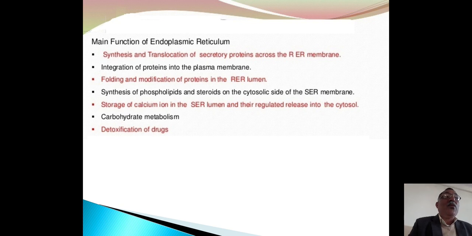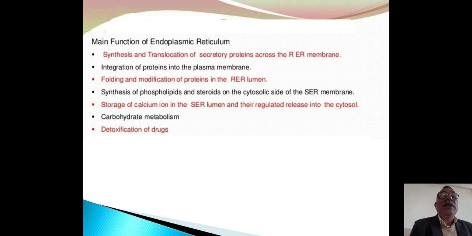Now we come to the overall main functions of the endoplasmic reticulum. It is concluded that: synthesis and translocation of secretory proteins across the rough endoplasmic reticulum membrane. Next point is the integration of proteins into the plasma membrane. Third point is the folding and modification of protein in the rough endoplasmic reticulum lumen.